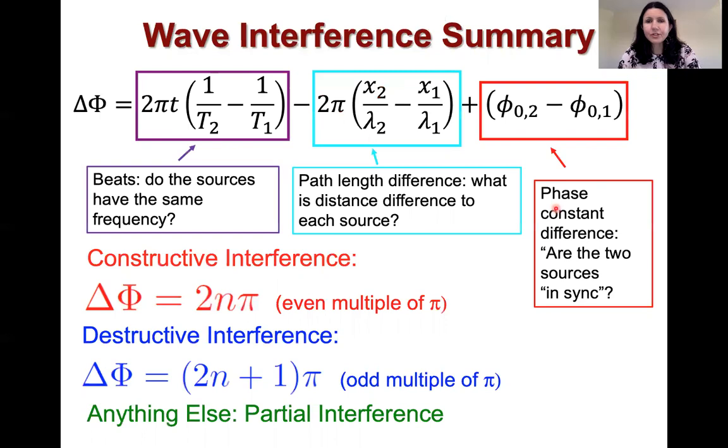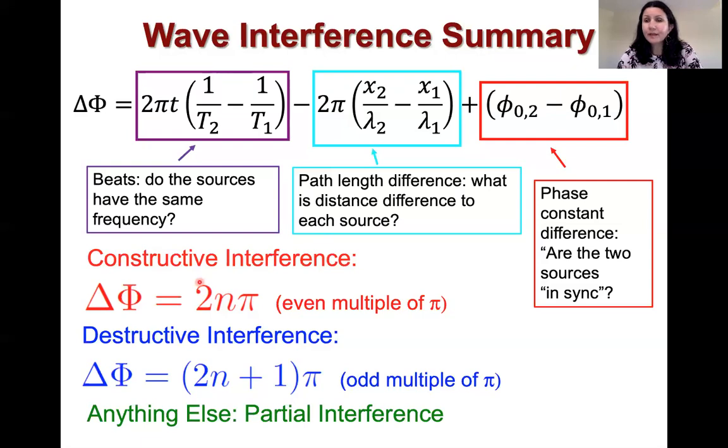All right, so just to review wave interference, which was the main topic of last week, what we saw is when there's more than one source present that's producing a wave, then those two sources may interfere as long as they're in more or less the same location and the same time that these waves are being produced.